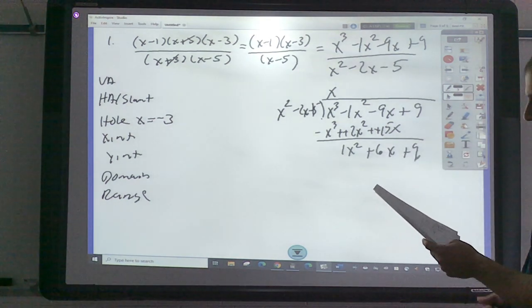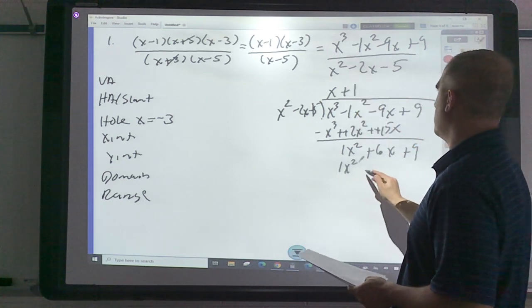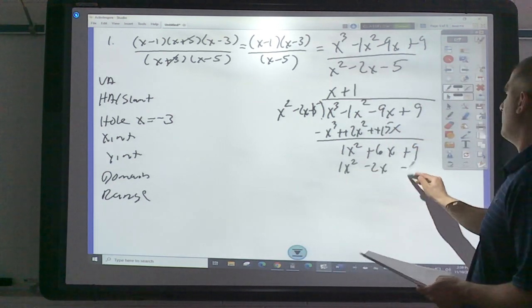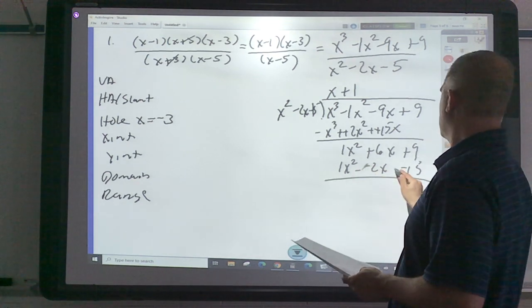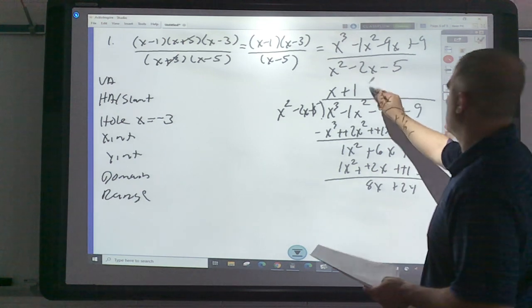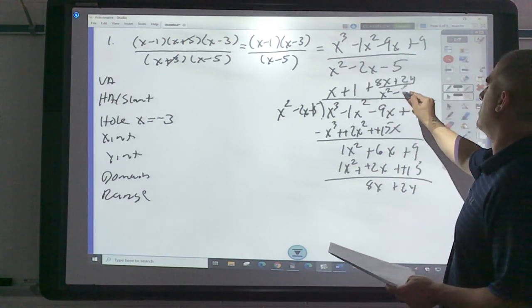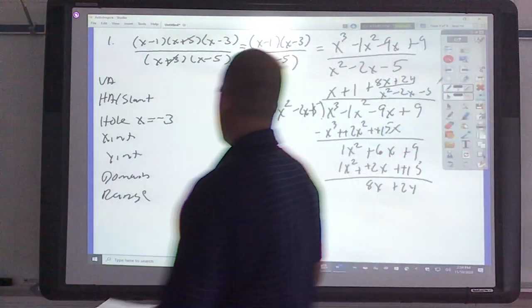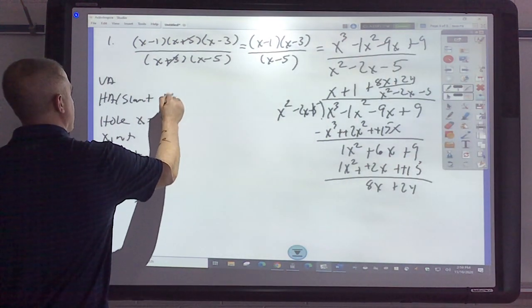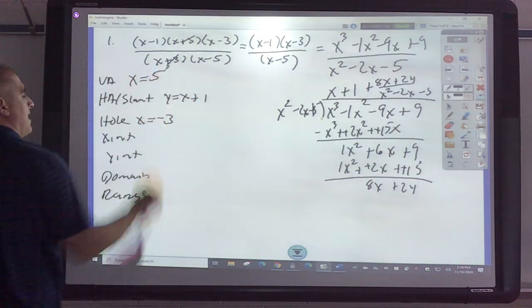All right, and so this would have to be a plus 1 there to get the 1x squared minus 2x minus 15. That turns into 8x, that turns into 24, over that. So what really matters there is the x plus 1. What's left over in the bottom is x equals 5.